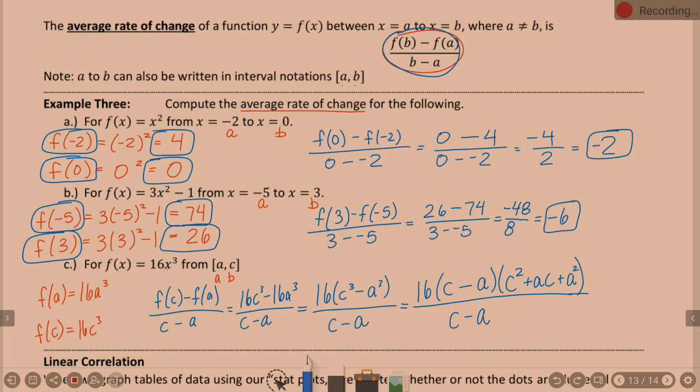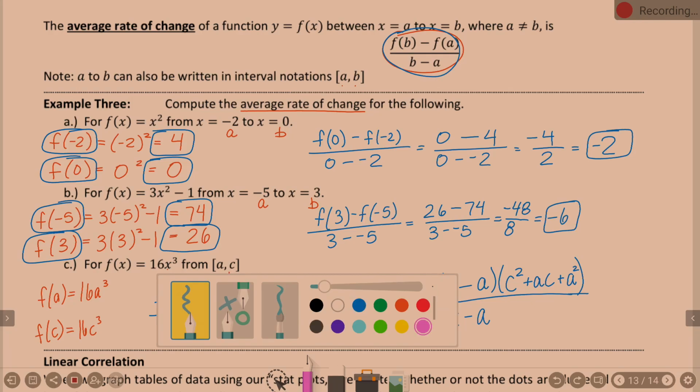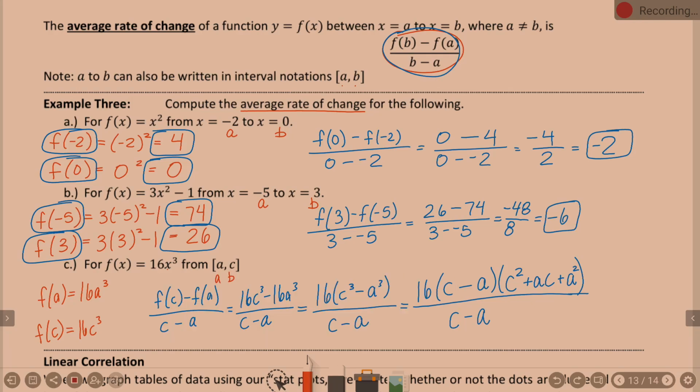You learned this probably about 11 months ago, because I saw it in my upcoming chapter I'm getting ready to start in Algebra 2. So, now, what was the benefit of that? Do we have a factor that can cancel now? Yeah. The factor of c minus a can cancel with the denominator of c minus a.